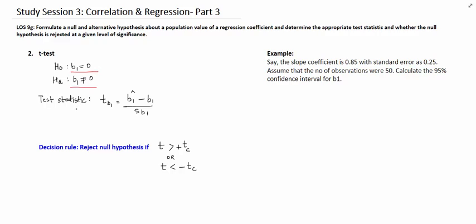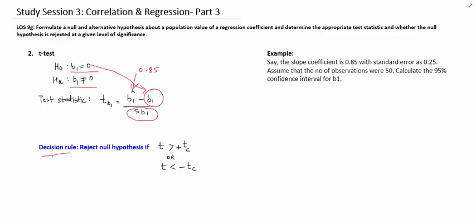The test statistic for doing this test is b1 cap minus b1 by standard error of b1. b1 cap is the estimated value of b1 which comes from the regression equation, which in the earlier example was 0.85. b1 is the hypothesized value, so in this case it is 0, and SB1 is the standard error of the regression coefficient.